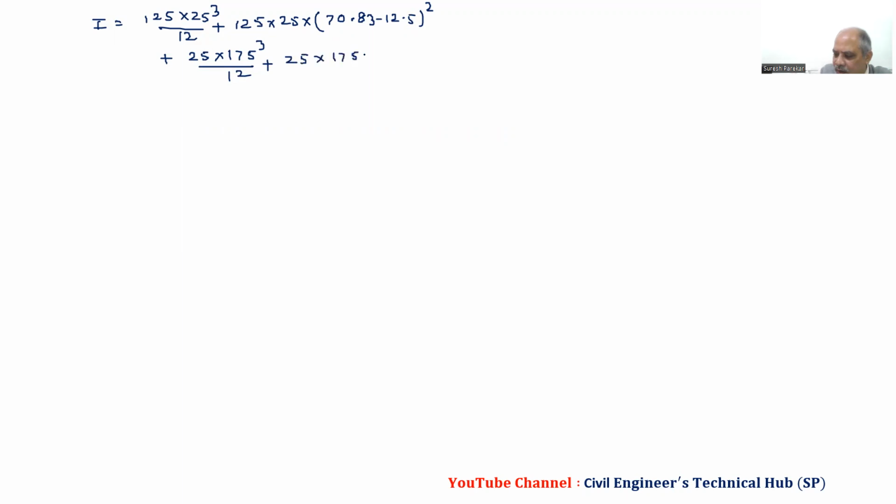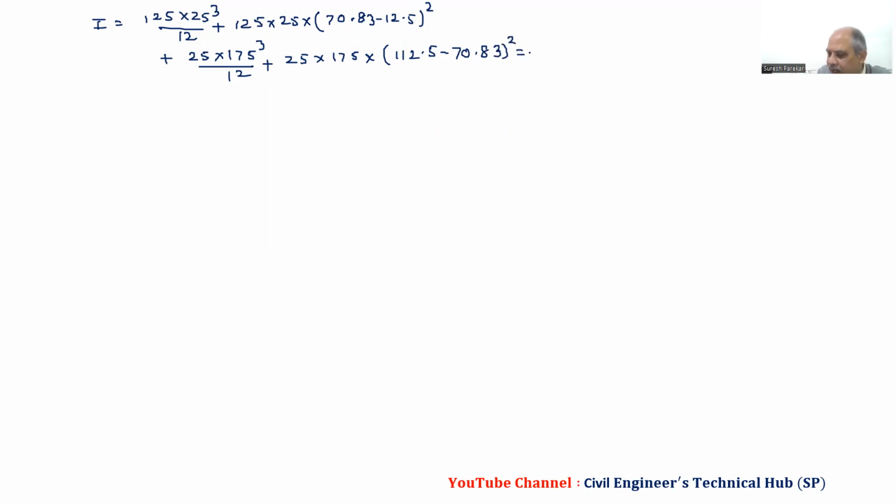Then for the moment of inertia, we go in the same way. We have 125 into 25 cube by 12 plus 125 into 25 into 70.83 minus 12.5 whole square, plus 25 into 175 cube by 12 plus 25 into 175 in bracket 112.5 minus 70.83 whole square.